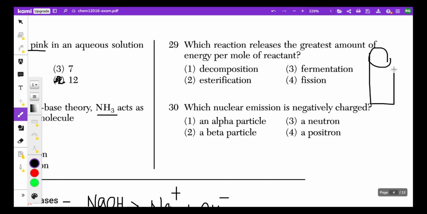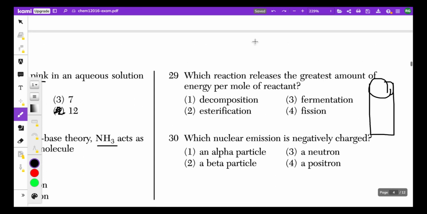You know those big nuclear power plants generating a lot of energy? This is the reaction that's going on. It's also the stuff in an atomic bomb. Fission is the reaction that happens in an atomic bomb, and fission releases a huge amount of energy.